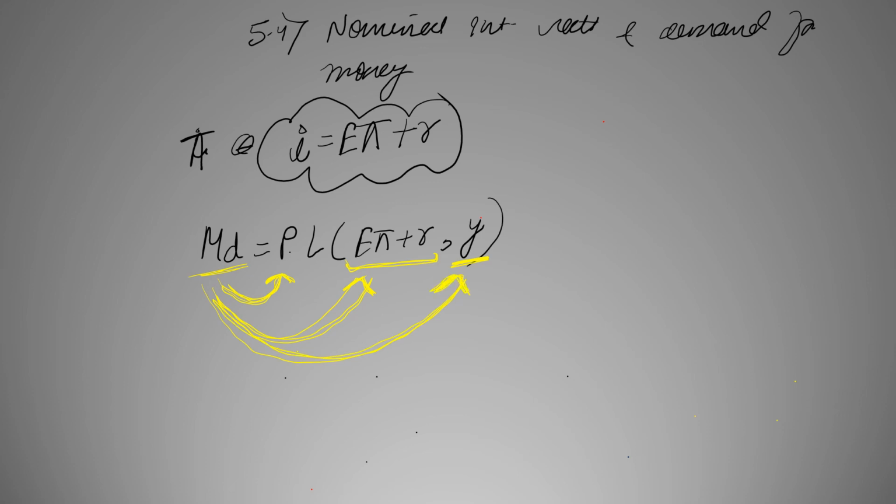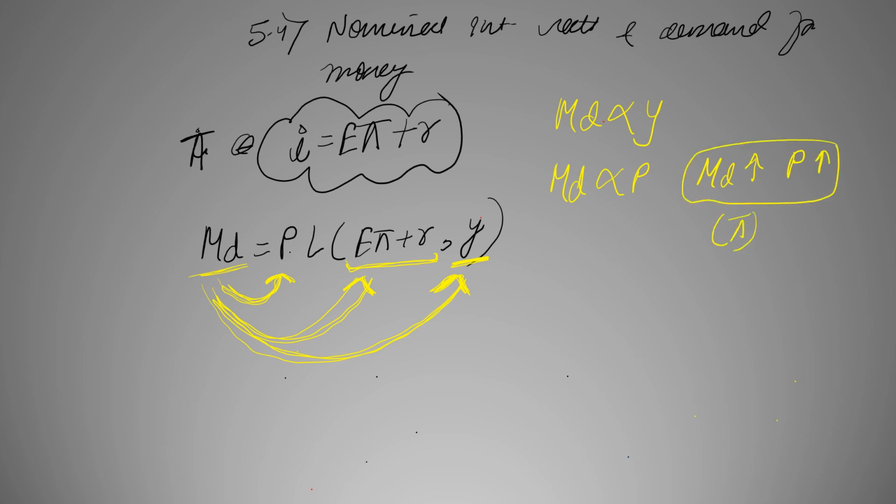From our previous assumptions, MD is directly proportional to Y and MD is directly proportional to P, which means if money demand has increased, then prices will also increase, causing inflation. And if your income has increased, then your money demand will also increase.